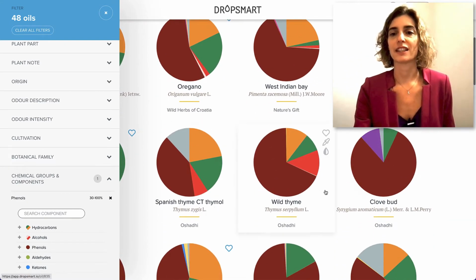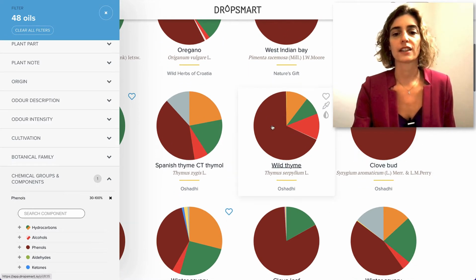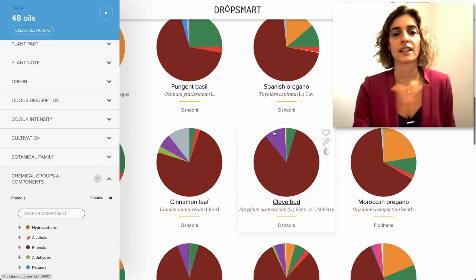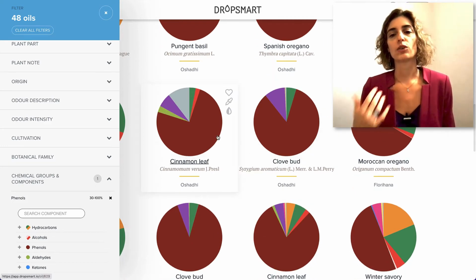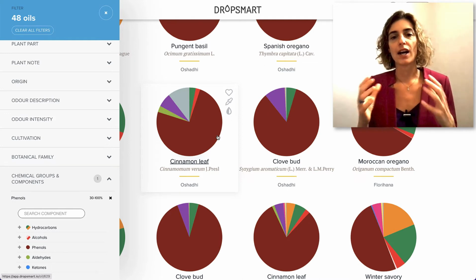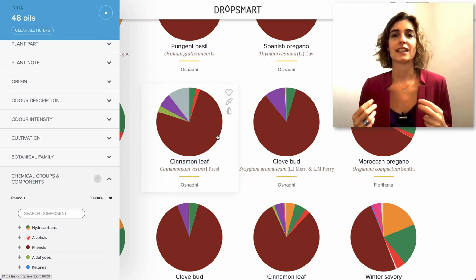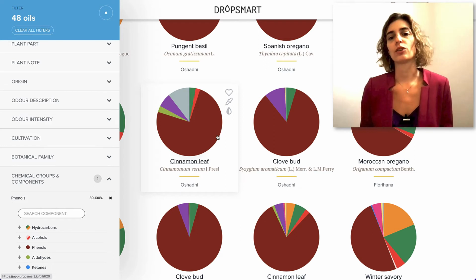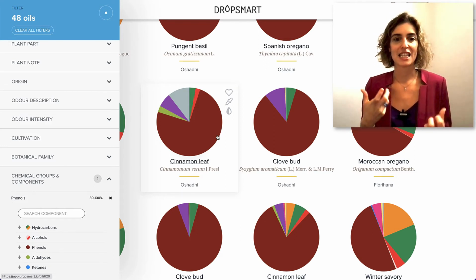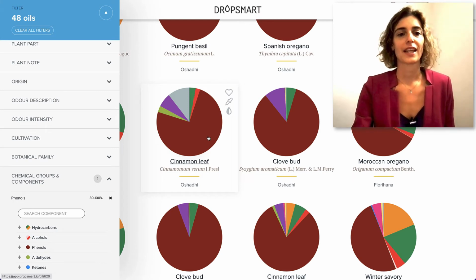You see things like clove, oregano, winter savory, cinnamon leaf. These are oils you really need to be careful with when you use them on your skin. However, the benzene ring also makes them spicy. So these oils are middle notes, usually sweet, and have this spice to them.